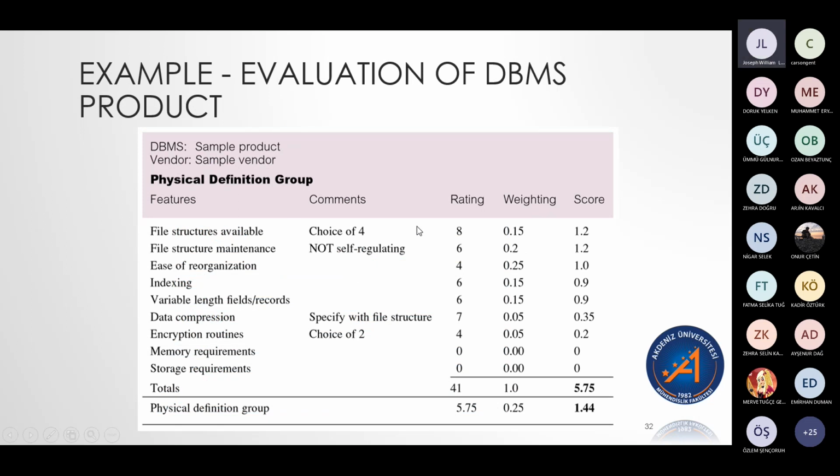This is not the only way we could do this, but basically, a high rating value says it gives us a good set of choices. Basically, it is a better option for this particular feature. That's its rating.